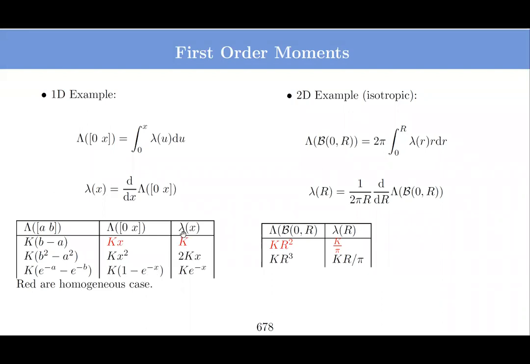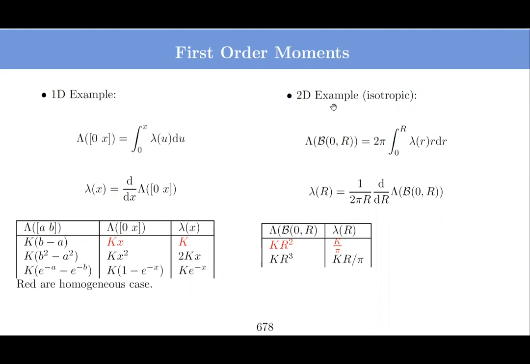So in this case, you can see this k, where density is constant, is a homogeneous case, and this will give you the mean measure of k times the size of the set, while 2kx will give you something where the density is increasing with x, so the mean measure will be proportional to x squared.